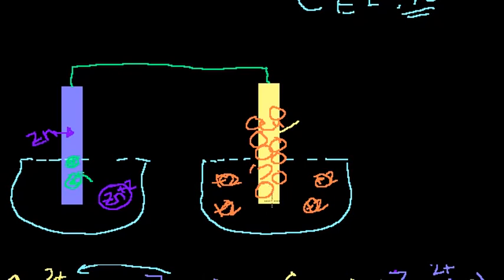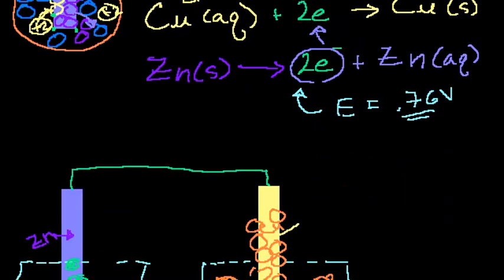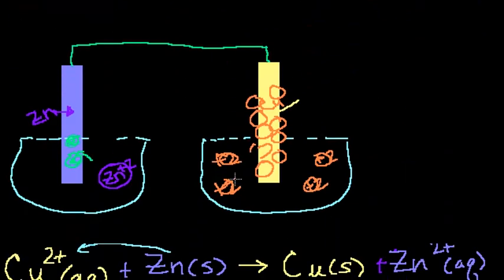But in order to jump onto that, they have to get some electrons. Each of these guys has to grab 2 electrons. And we know the potential, or the electromotive force, with which they want to grab those electrons is 0.34 volts. Right? These guys want to jump here and grab electrons from someplace with plus 0.34 volts.